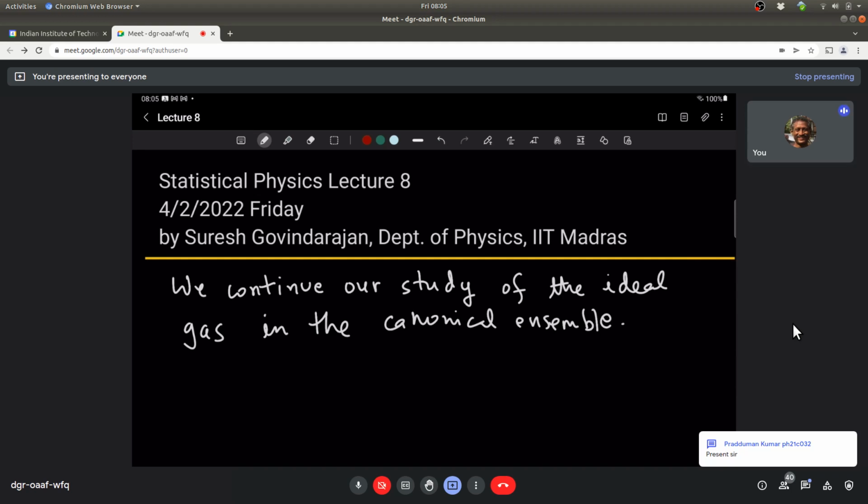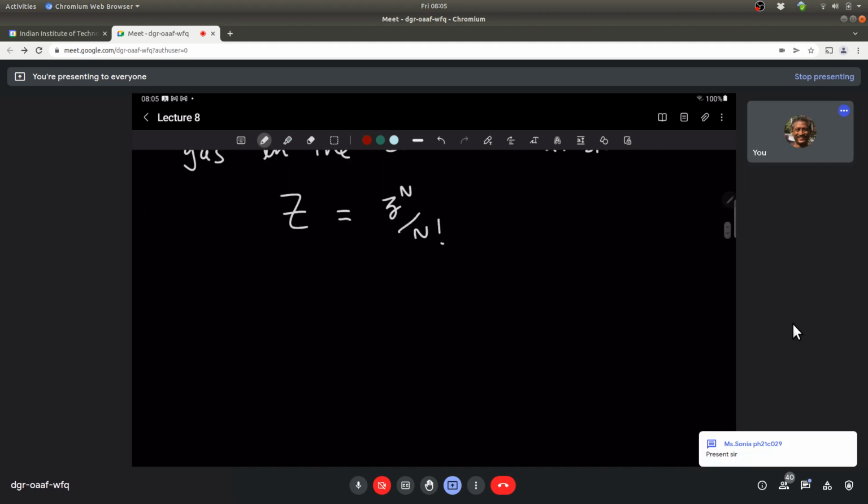And so last lecture we saw that we could write the partition function of this thing as, dividing out by N factorial, so that only type 1 configurations contribute. This is an approximate thing, but we can do exact computations also.